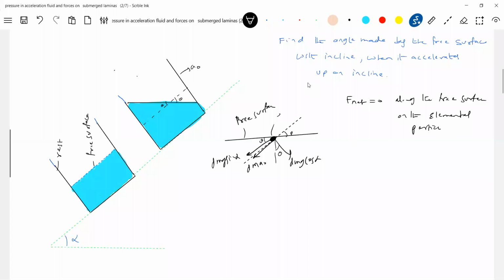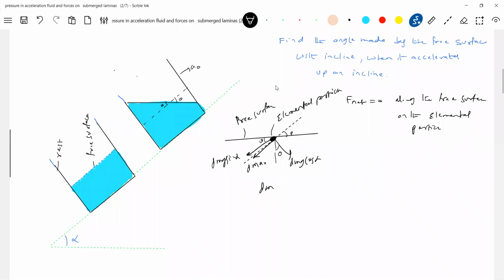This is an elemental particle. You can choose any point on a free surface. The net force on it along the free surface must be zero. This is one basic property of the liquid. So we'll equate this.